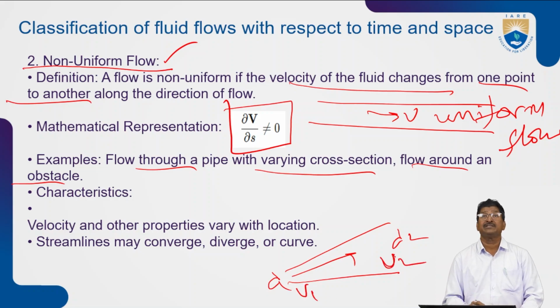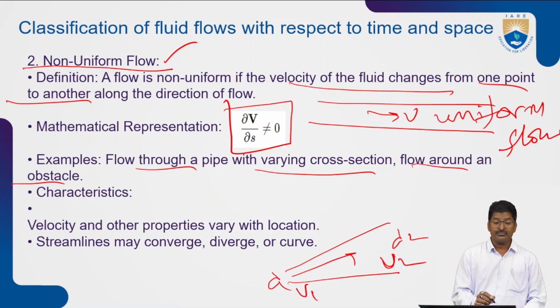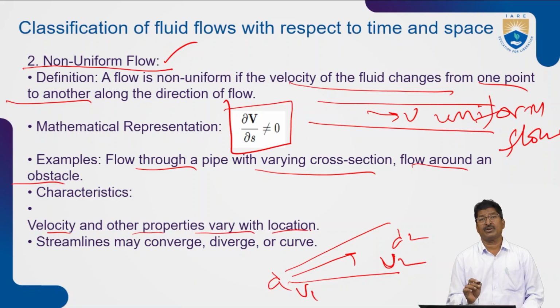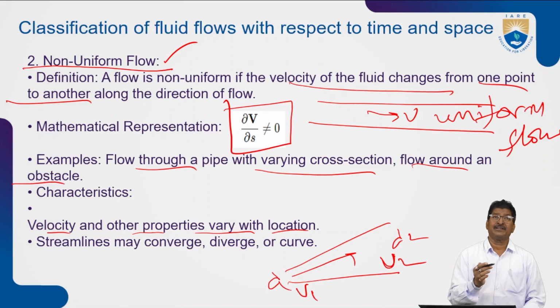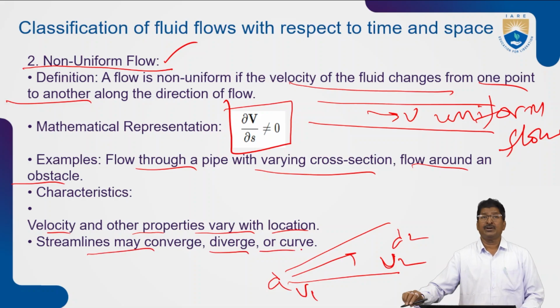So the velocity is changing with respect to space in the case of a varying diameter of pipe. That is the non-uniform flow, so ∂V/∂S is not equal to 0. Characteristics: velocity and other properties vary with location. From one location to another, if velocity is varying, then that is a non-uniform flow. Streamlines may converge, diverge or be curve shaped.